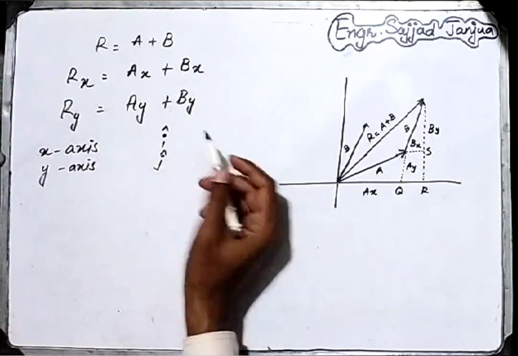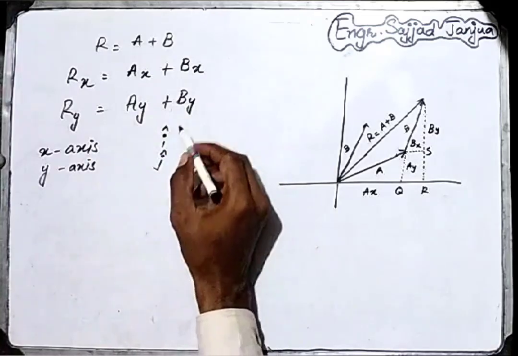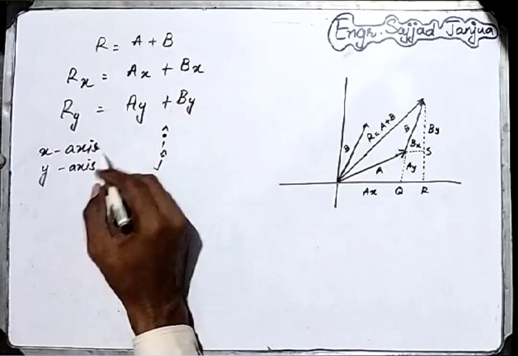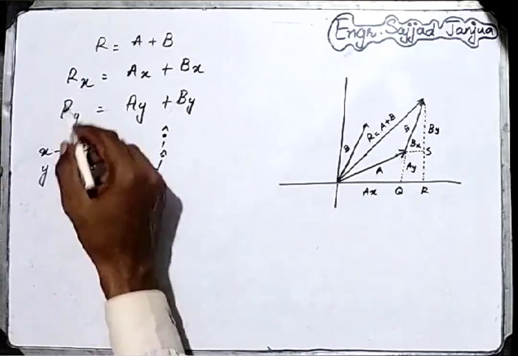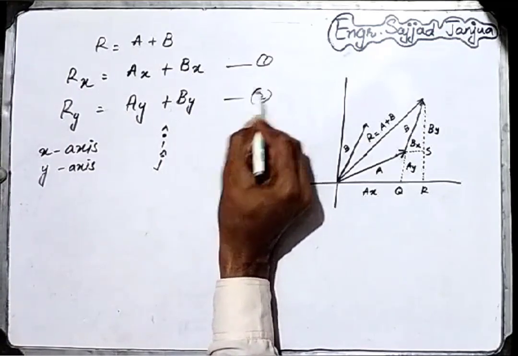Now we have two unit vectors: for the components on the x-axis, we have i, and for the components on the y-axis, we have j. So we will name these equations as 1 and 2.